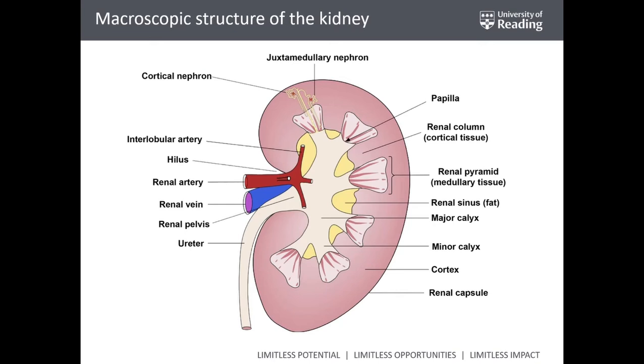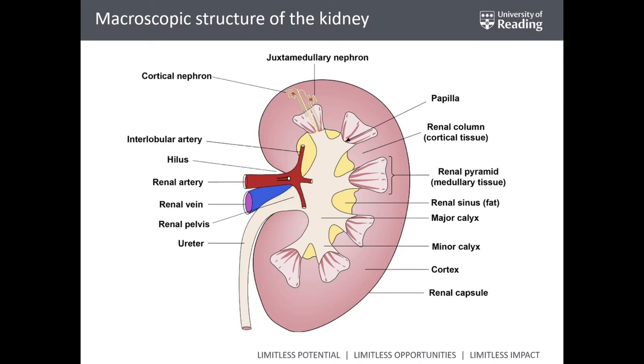So the kidney looks like a bean, pretty much, a large bean. In the hilus of the kidney, we will have the renal artery and the renal veins. The cortex, the cortical part of the kidney, contains cortical nephrons, while juxtamedullary nephrons, which are literally the nephrons that are close to the medulla, are closer to the medulla.